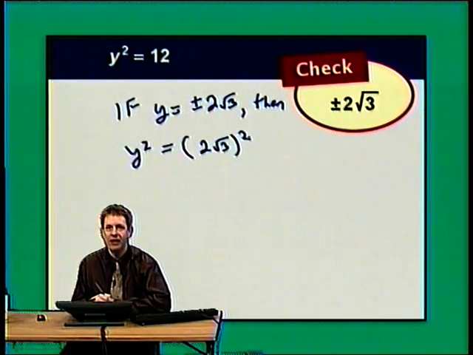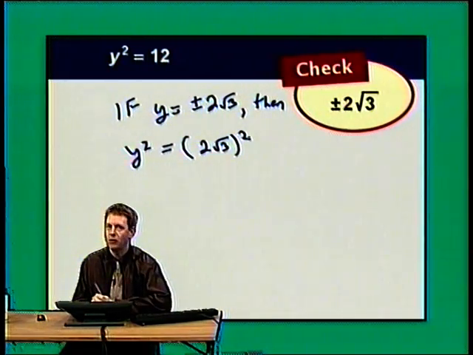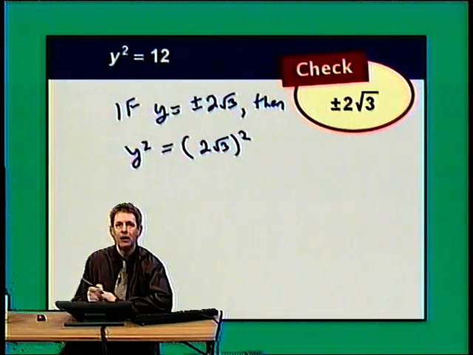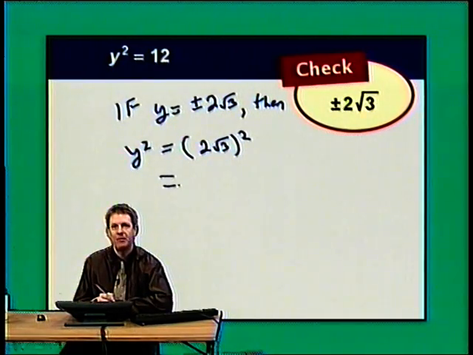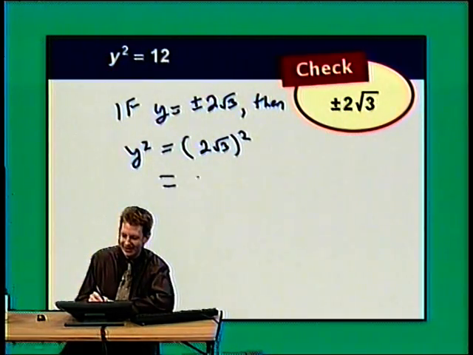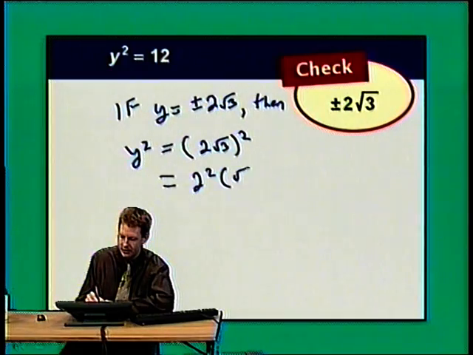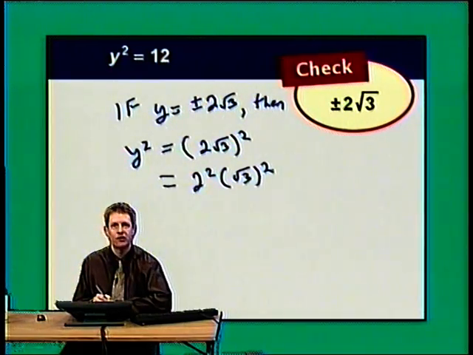If I put the negative number inside the parentheses, since I'd have 2 negative factors, the product will come out positive anyway. Using my products to power exponent rule, this is the same as 2 squared times the square root of 3 squared.